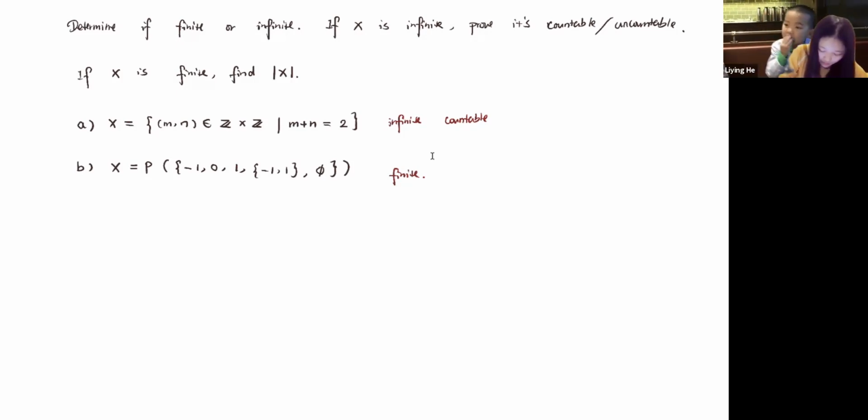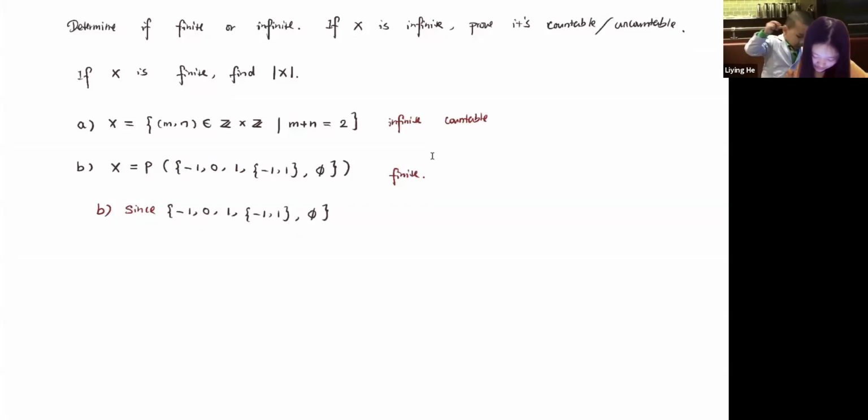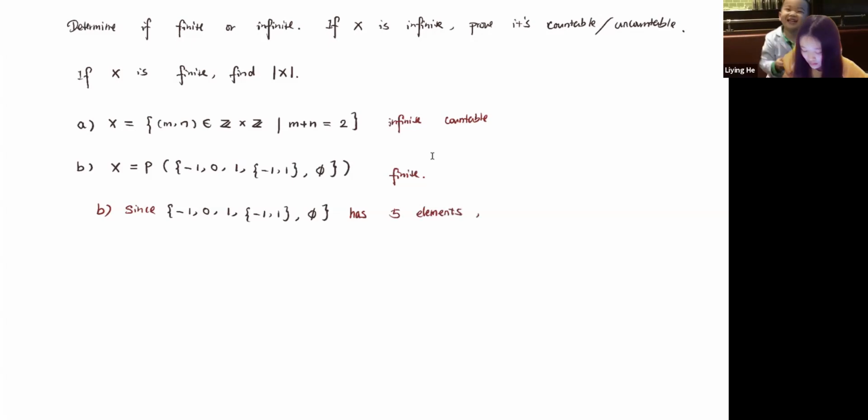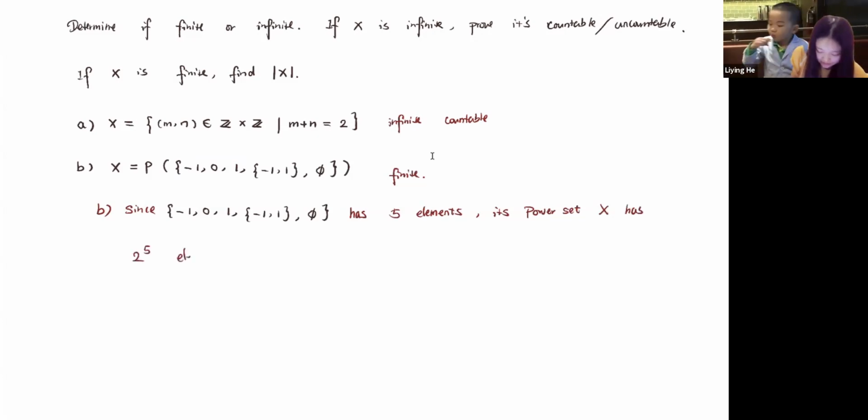So when you write this, you need to say, since this set has 5 elements, its power set X should have 2 to the power of 5 elements.